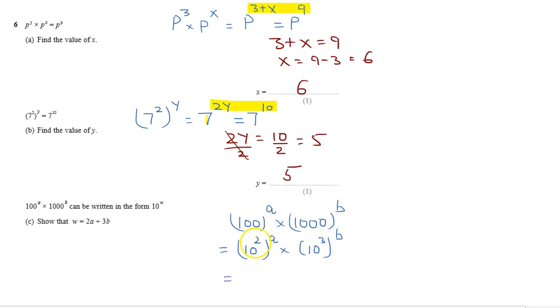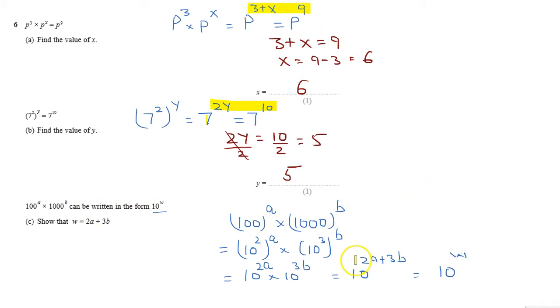When the power is inside the bracket and outside the bracket, you multiply. So 10 to the power 2a multiplied by 10 to the power 3b. Now when the base is the same and we multiply, it is 10 to the power 2a plus 3b. It can be written in the form of 10 to the power w.